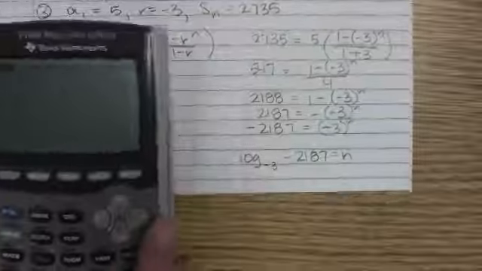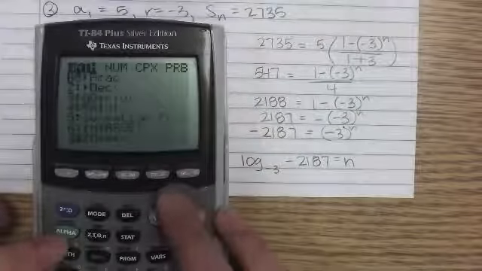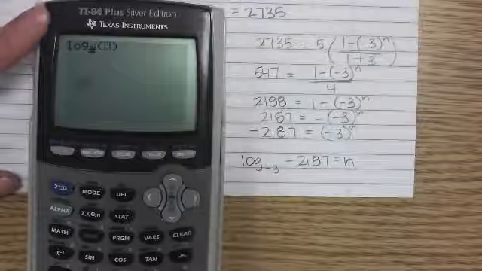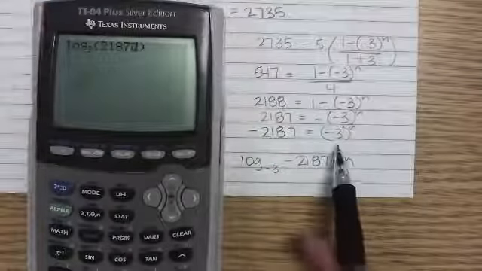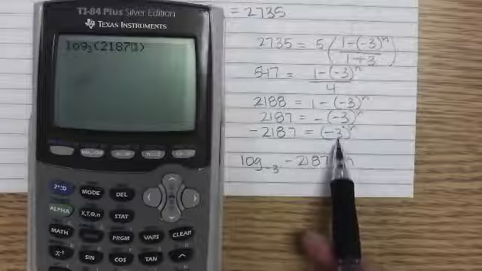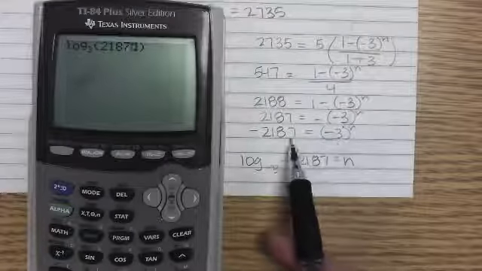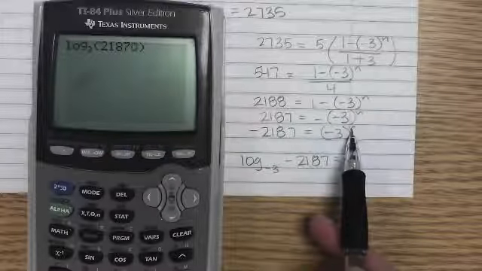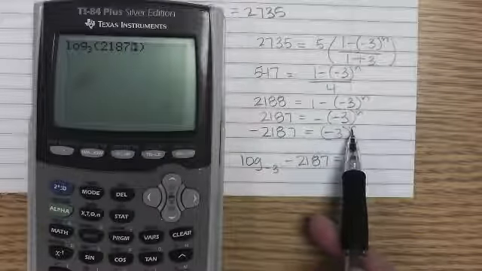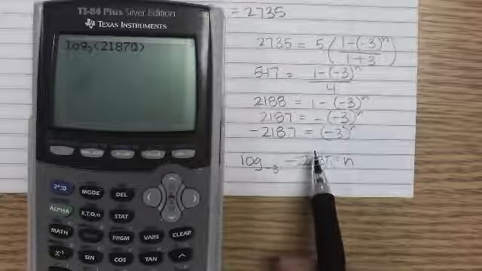What I usually do at this stage is plug it in as a positive instead. So I'm going to plug in log base 3 of positive 2,187. If we think about what's happening mathematically, we're repeatedly multiplying negative 3, and it happens to be a negative answer, which means my n value is going to be odd, because if my exponent was even, it would have gotten rid of that negative.